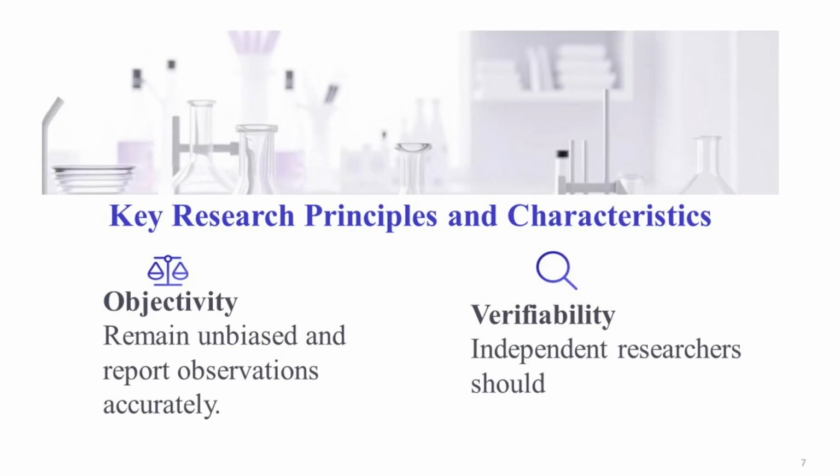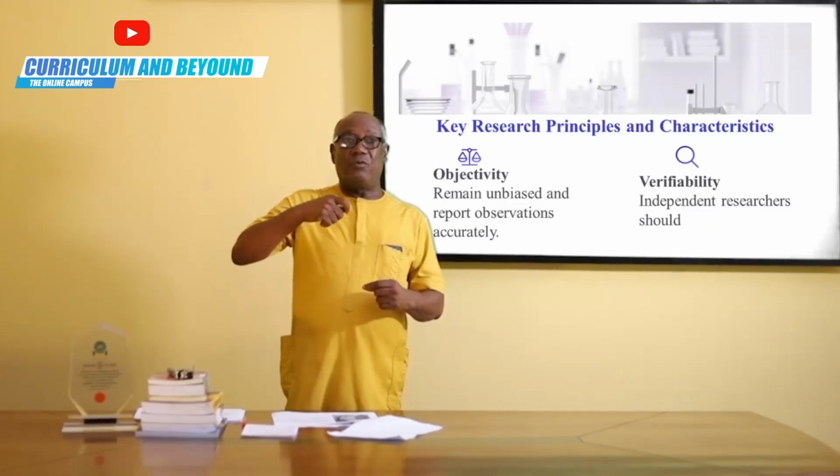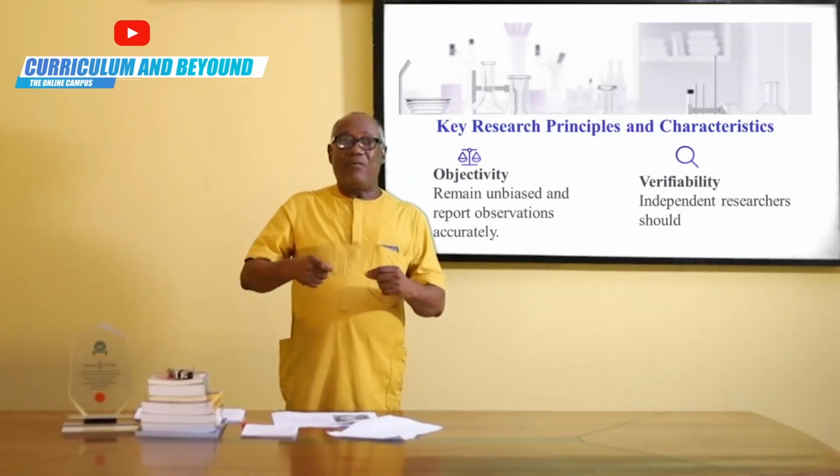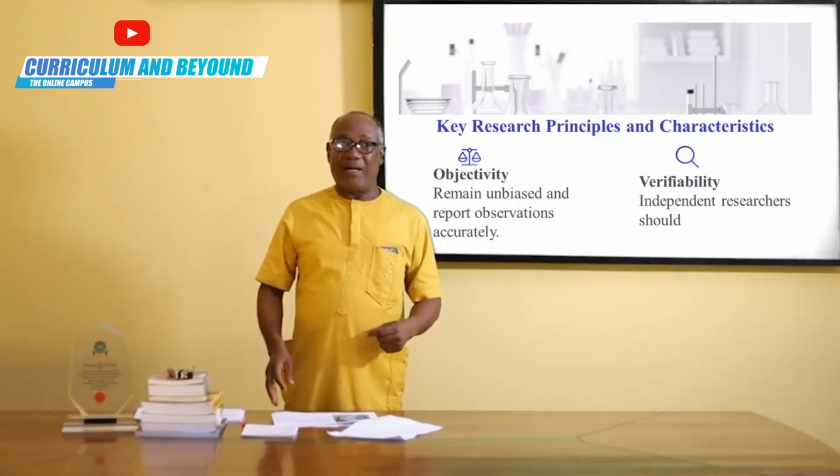Verifiability means that a researcher must follow a procedure that is outlined to be followed in research. This will enable other researchers to be able to verify what you as a researcher have done in the past.